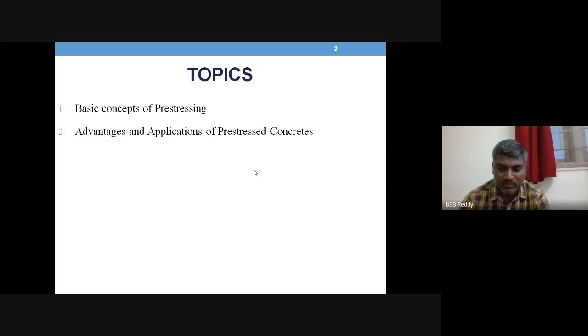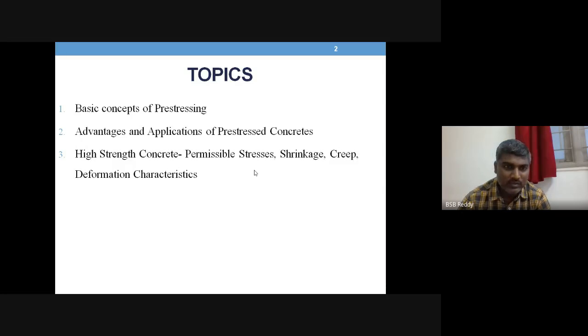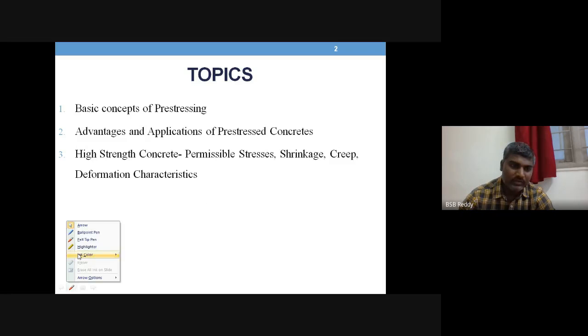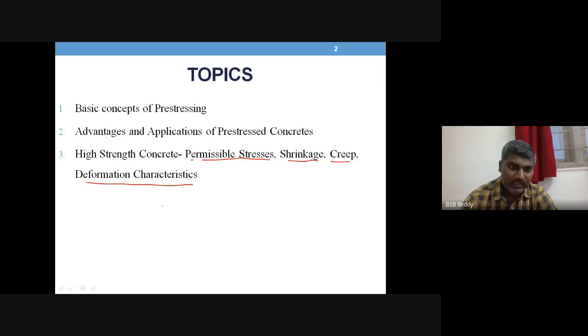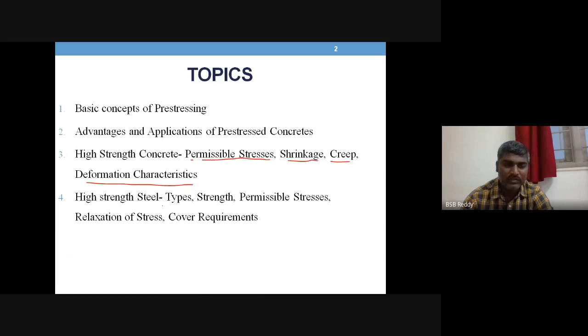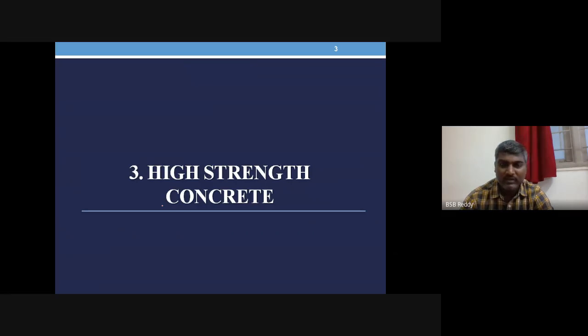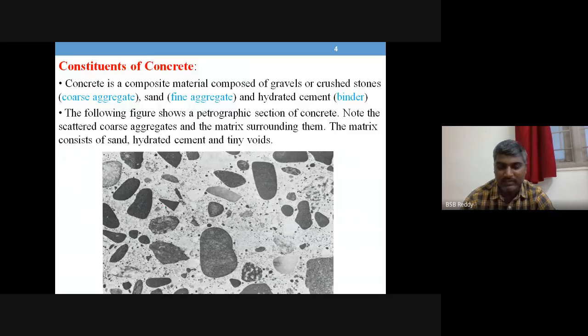Along with that, a brief history was also discussed a little more extensively. Now we are into this high strength concrete, where the permissible stresses, shrinkage, creep property, and deformation characteristics are discussed extensively. So, discussion on high strength concrete.